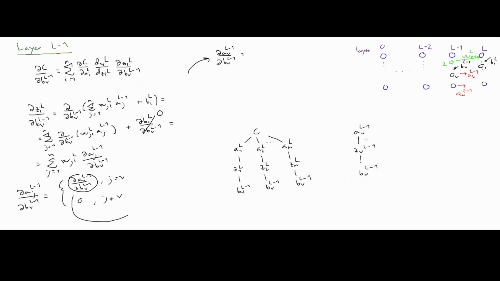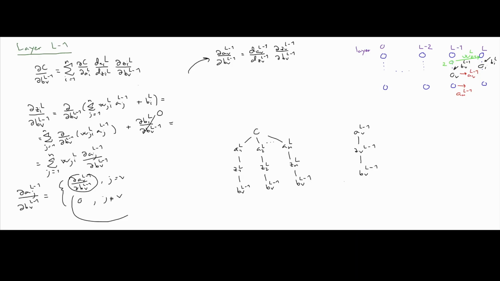So utilizing this tree diagram and applying the chain rule, we get that this partial derivative is equal to the derivative of the activation with respect to the weighted input, once again a regular derivative because activations are single variable functions of weighted inputs, multiplied by the partial derivative of the weighted input with respect to our bias term.